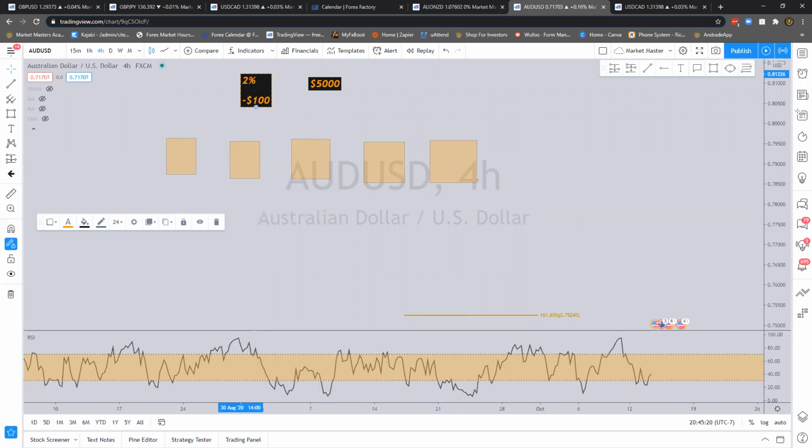Oh, something else. Those of you in the Signals chat room have probably noticed I'm now adding the stop loss in pips.